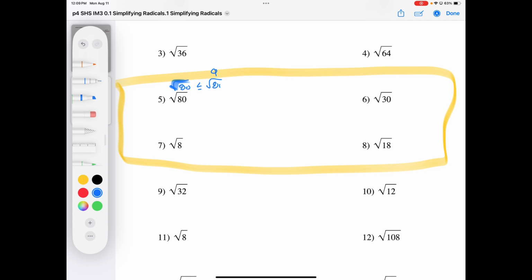But what we're going to do here is we're going to simplify this using factors. Factors are by multiplication. So I'm going to come up with all of the numbers that multiply to be 80. I don't know how many there are. And what I'm going to do is try to find the largest perfect square. So for example, 80 times 1. 2 times what?